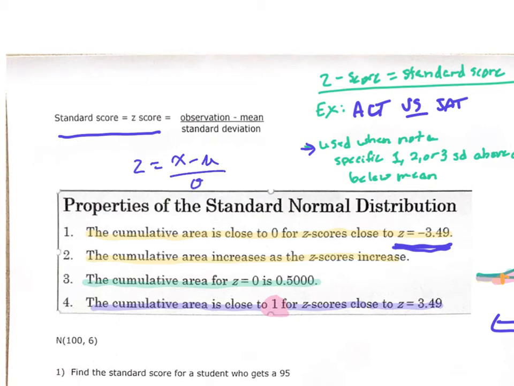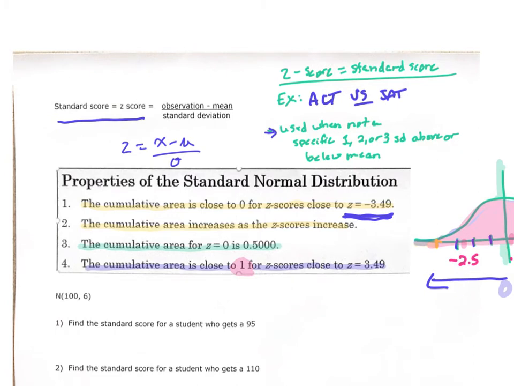Now, what I've found is that students can tend to get confused on that. So when I talk about this formula for z-score, standard score, I always say it as observation minus mean all over standard deviation. It helps us understand a little bit more clearly where we're going to plug in the values.